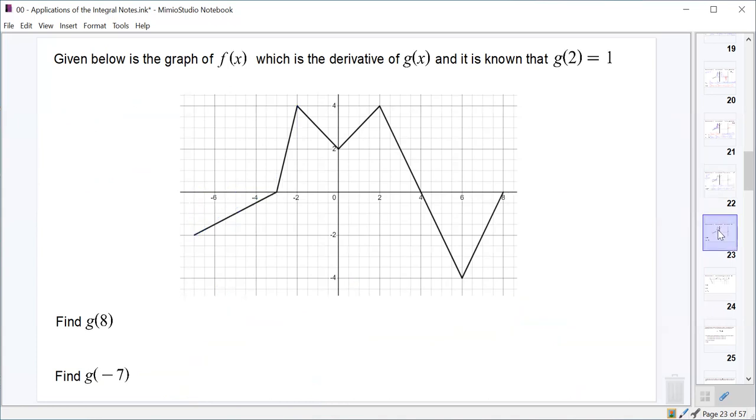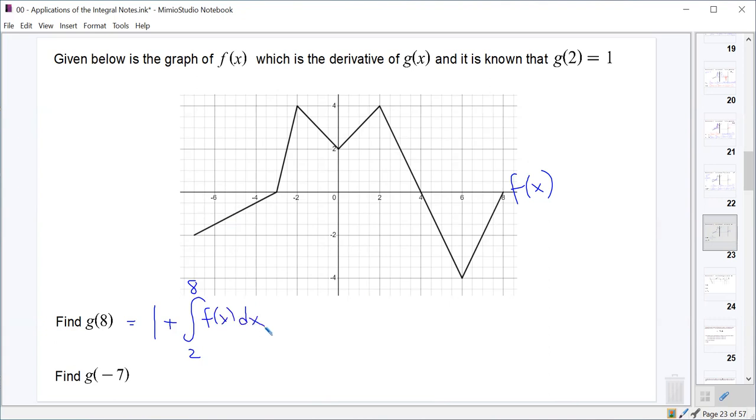This one's the same function again, same graph, but we're given that g of 2 is equal to 1. And so if g of 2 is equal to 1, and we know that f of x is a derivative of g of x, and we want to find the value of g of 8, well, g of 8 ought to just be the value of g at 2, which is 1, plus the integral from 2 to 8 of f of x dx.